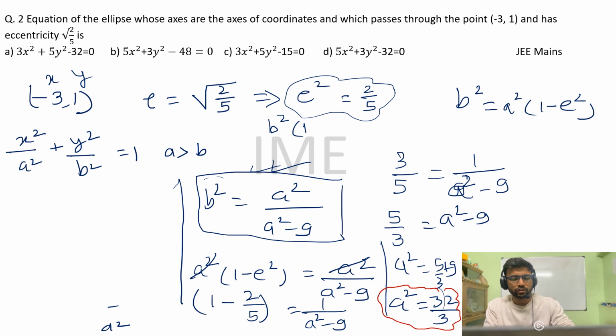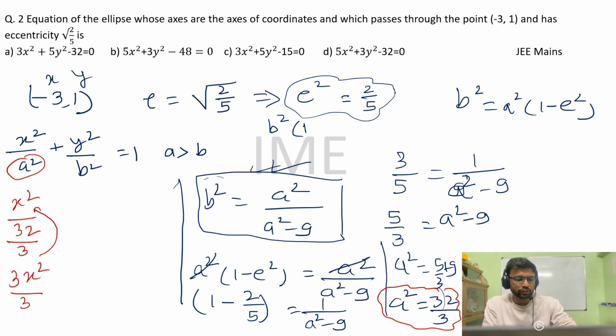Okay, let me erase all this stuff. See how? If you put the value of a square over here, what will we have? x square upon 32 by 3. Okay, so this 3 will go to the top, so this will be 3x square upon 32.